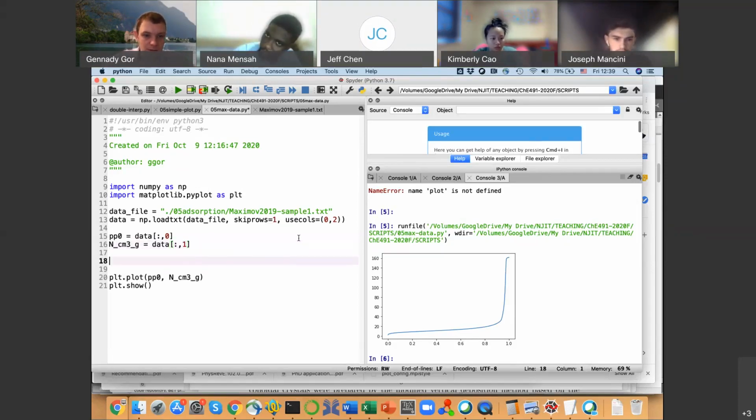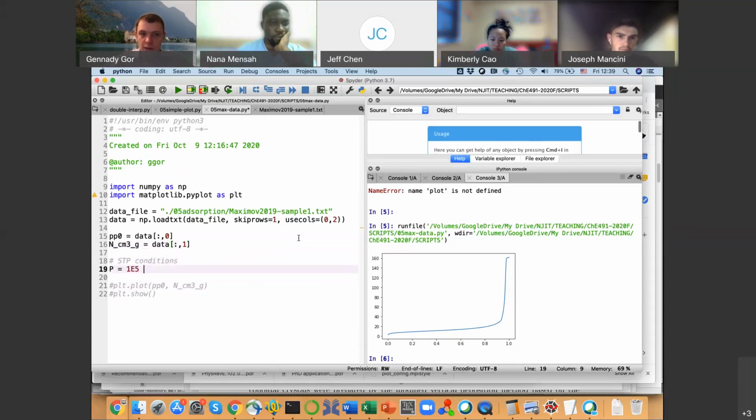So let me comment these out. We don't need it yet. And the first thing is, I will need STP conditions. So this is STP conditions. Pressure equals 10 to the power 5, of course in Pascal. Then temperature is 273.15 Kelvin.